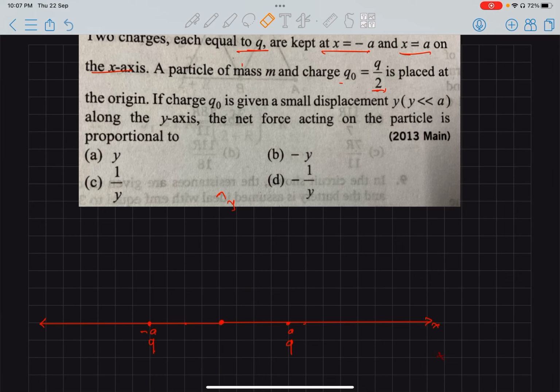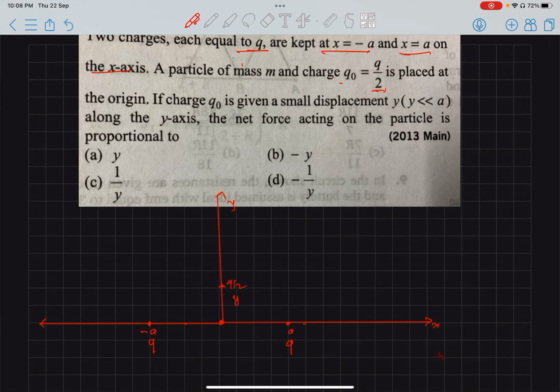Let us draw this again. Okay, so let us consider this is the small displacement y. And this charge is of course q by 2.